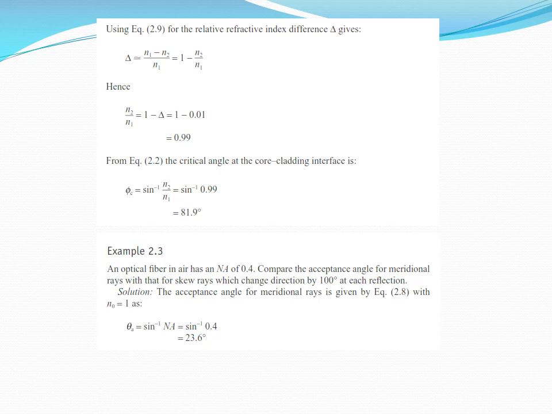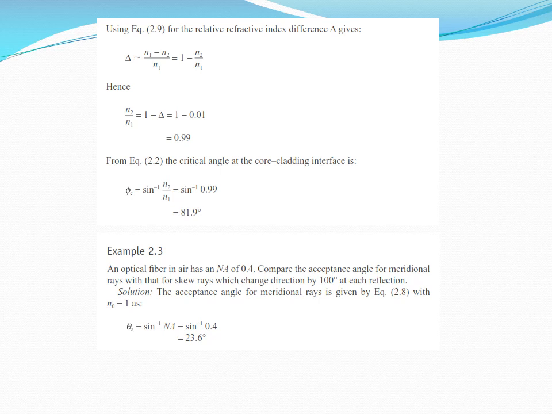So 1 minus 0.01 will be 0.99. The ratio n2 by n1 is 0.99. There is no requirement of finding n2 and n1 separately. I can directly substitute the n2 by n1 ratio as 0.99. So sine inverse of 0.99 will give me 81.9 degrees. This will be the critical angle of the fiber.